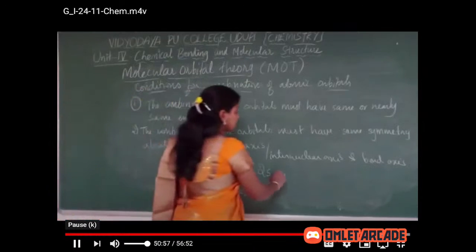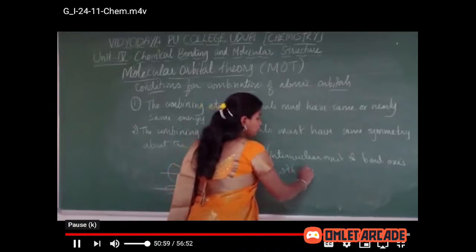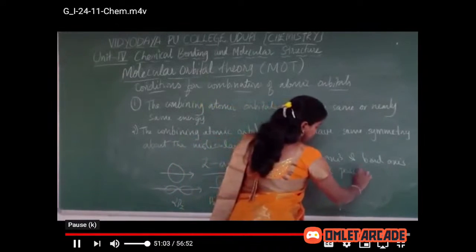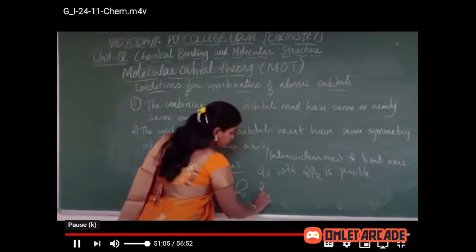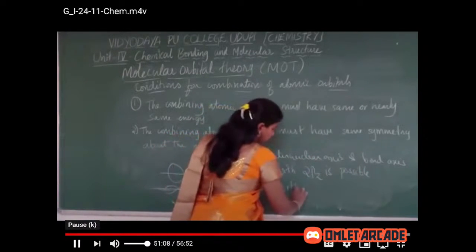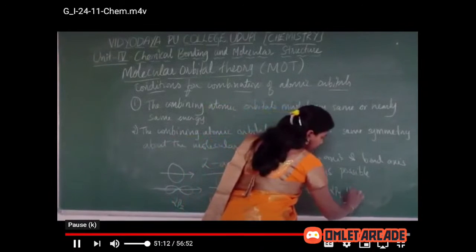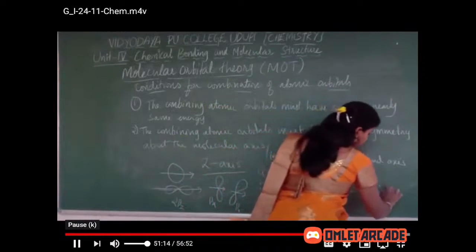Therefore, 2s with 2pz is possible, but 2s with 2px or 2py is not possible.